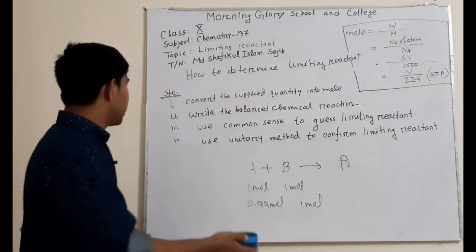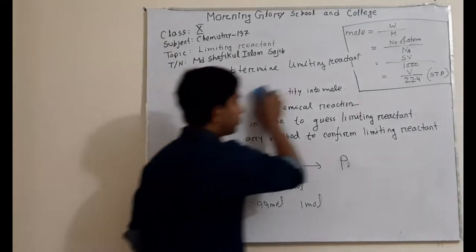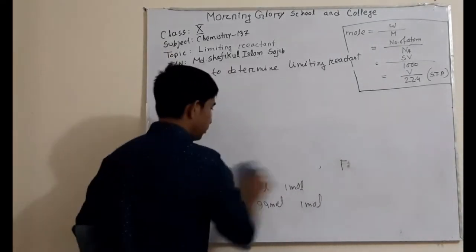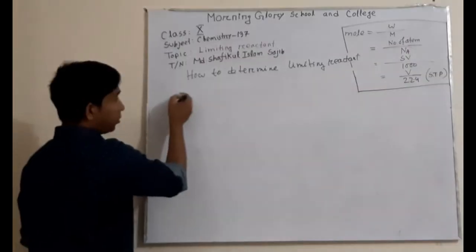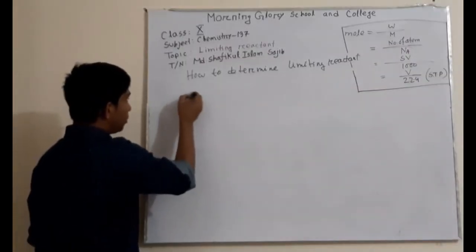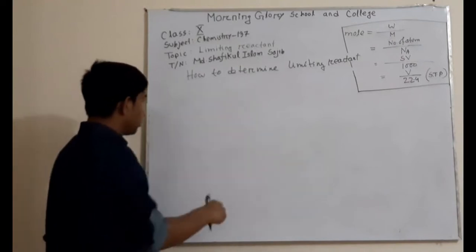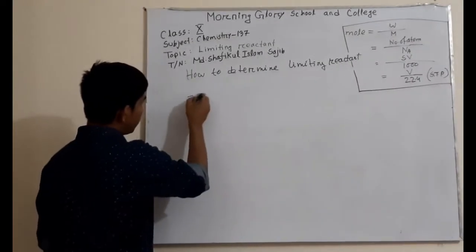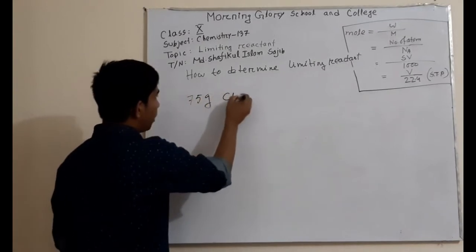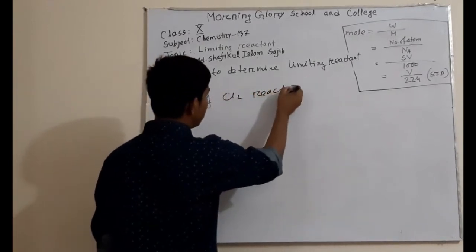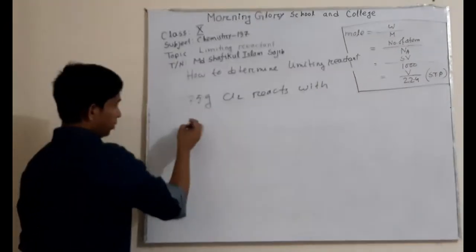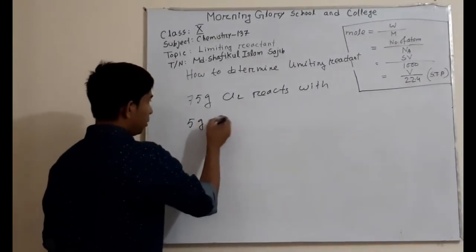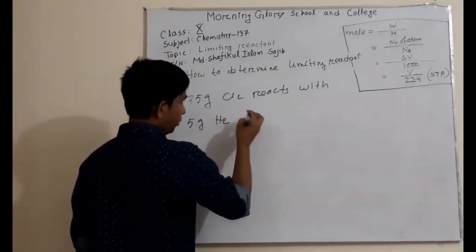Let me show some examples. Okay, consider 75 gram chlorine reacts with 5 gram hydrogen.